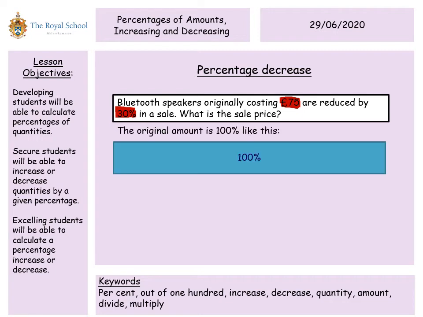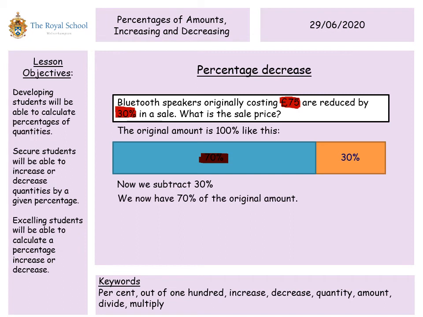So again, we're going to show our original amount for this Bluetooth speaker as 100%. Now in this example though, we're reducing the price by 30%. So our other bar actually is going to cut 30% off it, which means that our leftover amount that we've got is our 70% here. So we're left with 70% of the original amount because we've taken away some of the price.